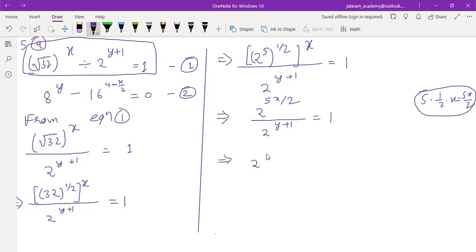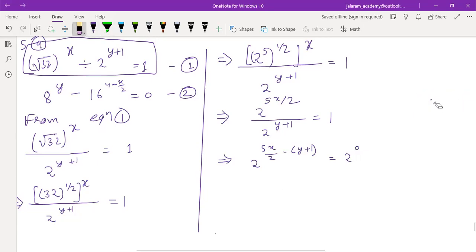In division, powers are subtracted: numerator power 5x by 2 minus denominator power, use bracket, equals, now this is 2 to the power, so this must also be 2 to the power, and when there is 1, we can write it 2 to the power 0. Is that clear to you?